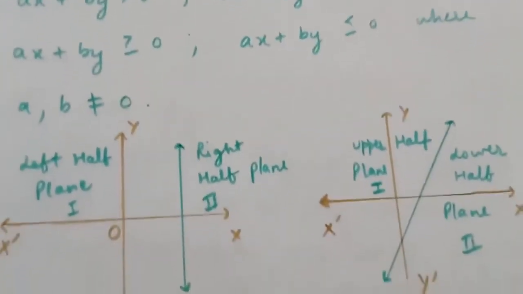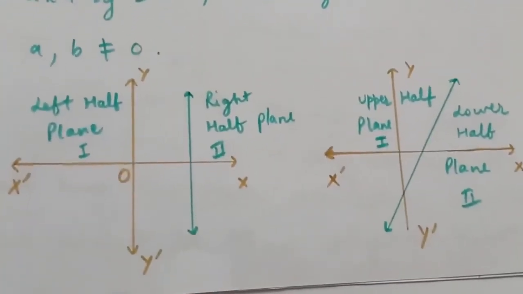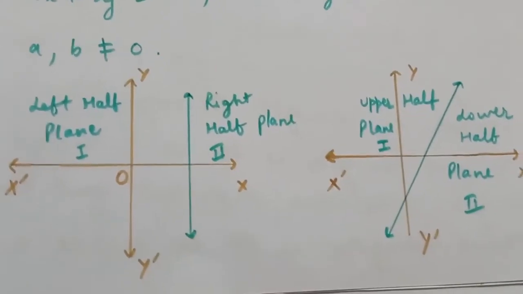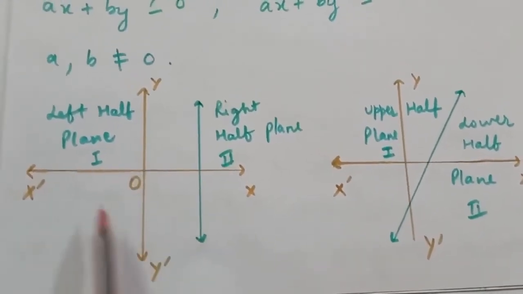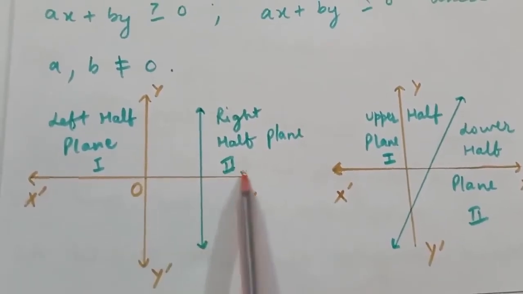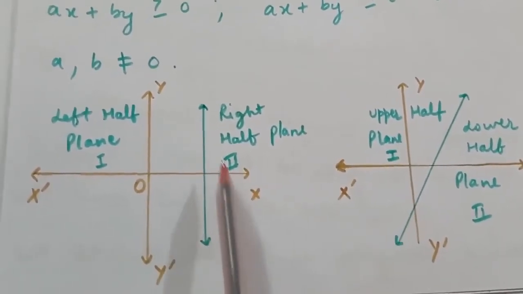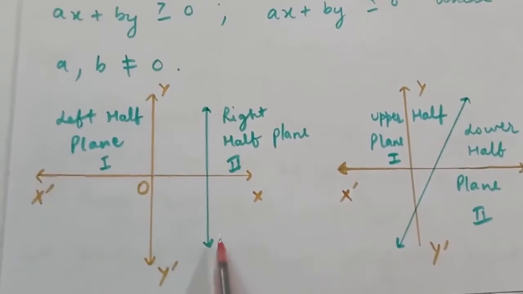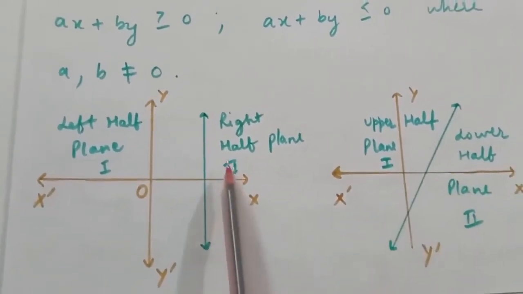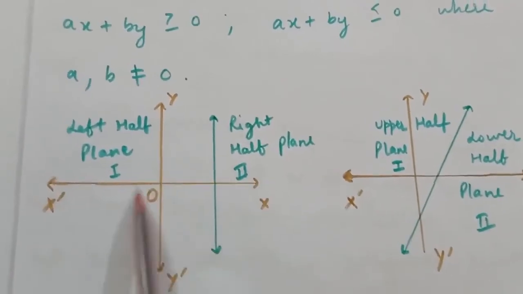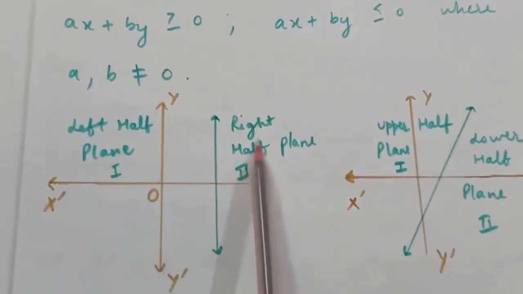Now to understand the solutions of linear inequalities in two variables, first of all we'll understand this Cartesian plane. As you know, this is our coordinate plane, or Cartesian plane. Any line, either vertical or non-vertical, cuts the complete plane into two half planes, right?